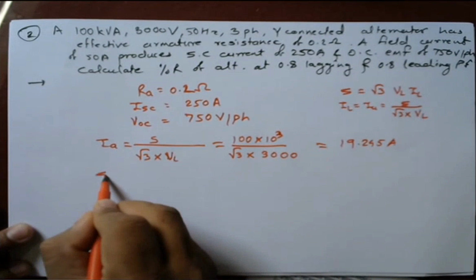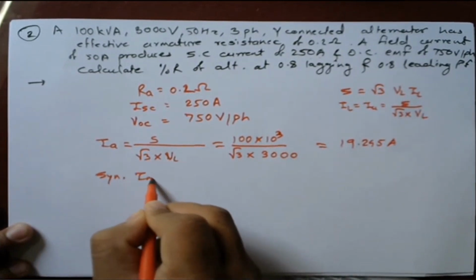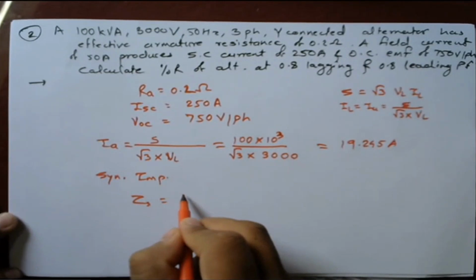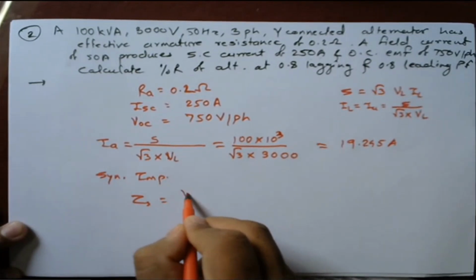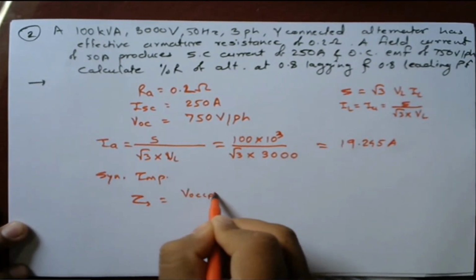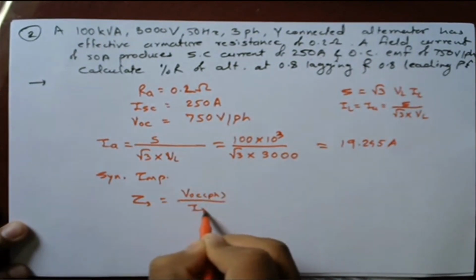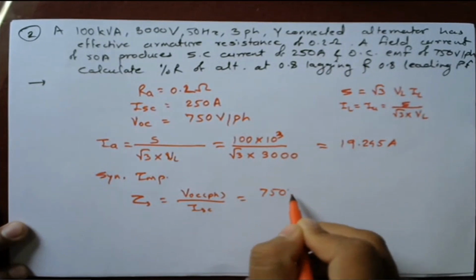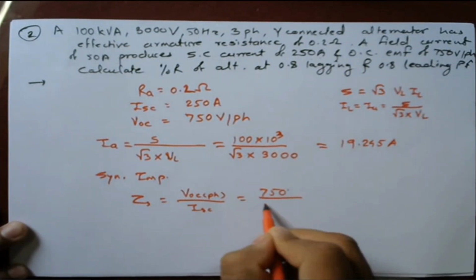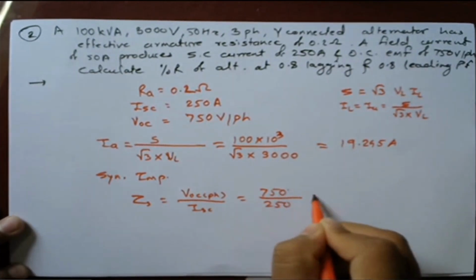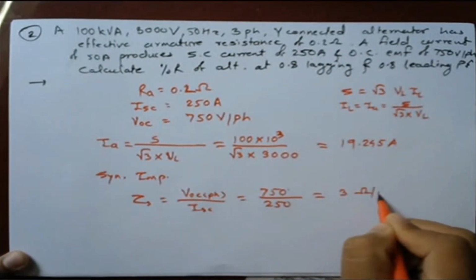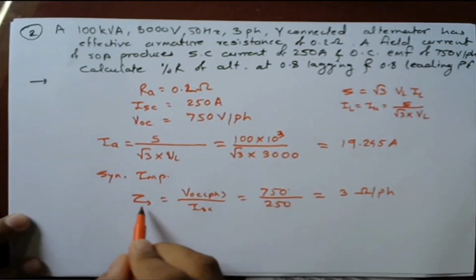Now next step is synchronous impedance. Zs is equal to Voc upon Isc, but both the values should be phase values. Voc phase is equal to 750 volt and Isc is equal to 250. So it is coming as 3 ohm per phase. So I know the value of Zs.